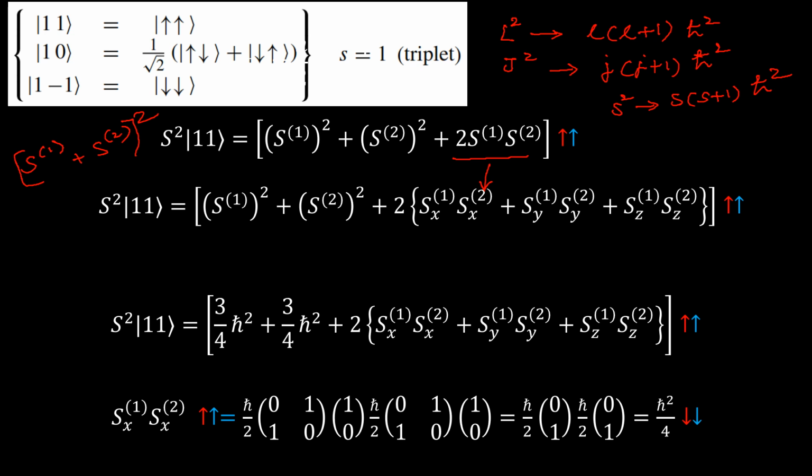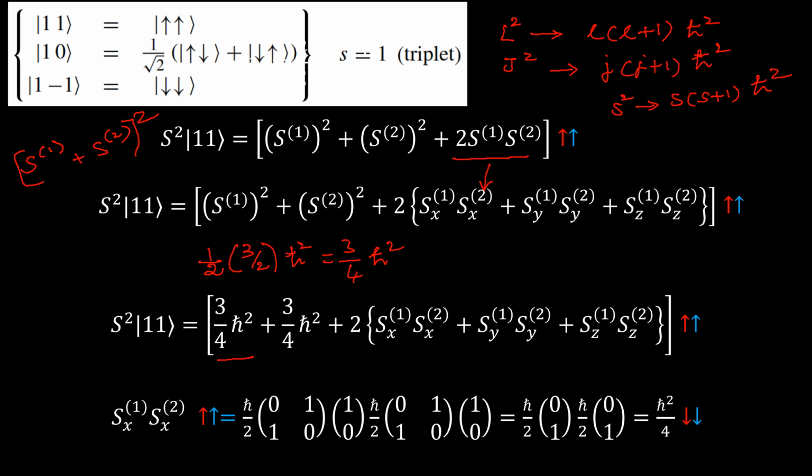So naturally s(s+1), with s equal to 1/2, gives 1/2 times 3/2 ħ², which is equal to 3/4 ħ². So this is for S1 whole squared.